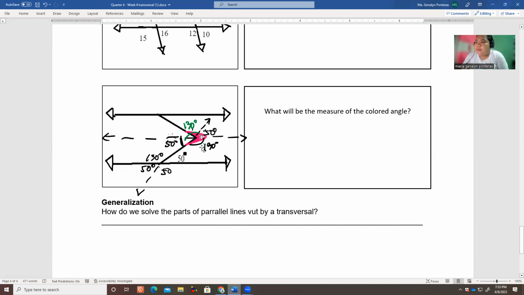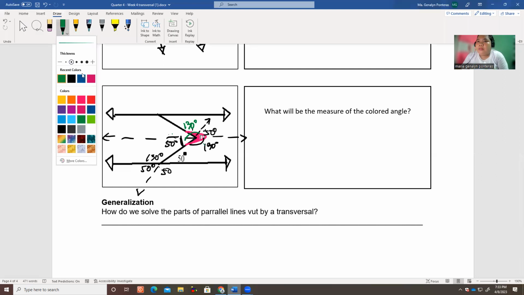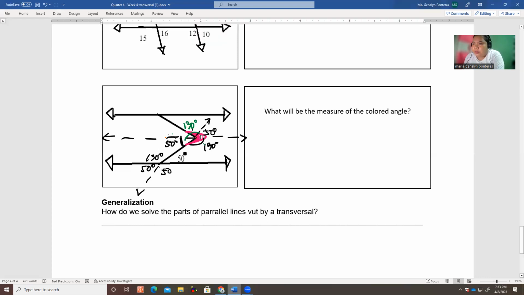If we draw this one, somehow we have another pair here of parallel lines cut by a transversal. You have here 50, and here you have how many?